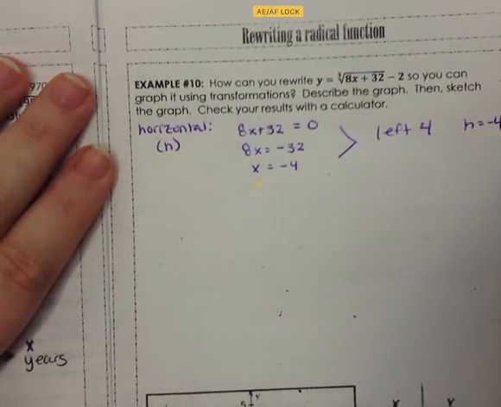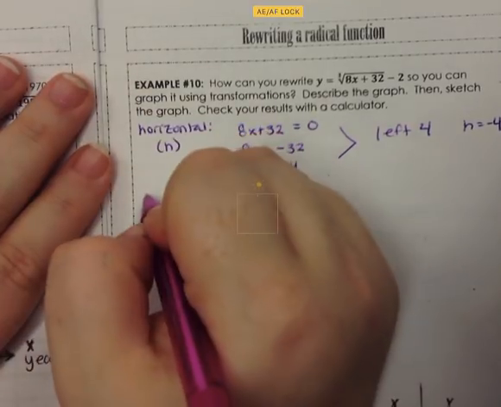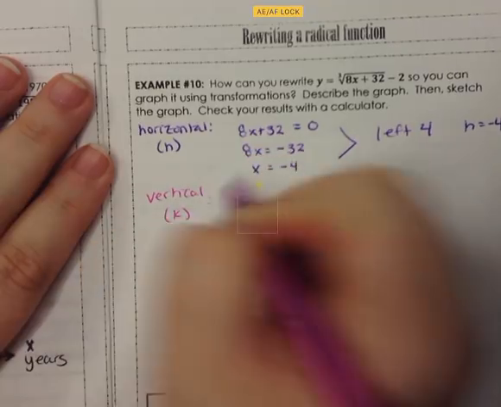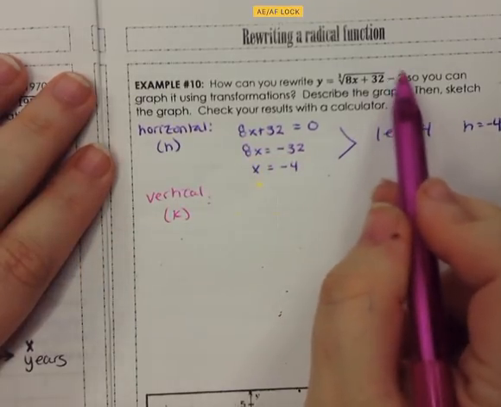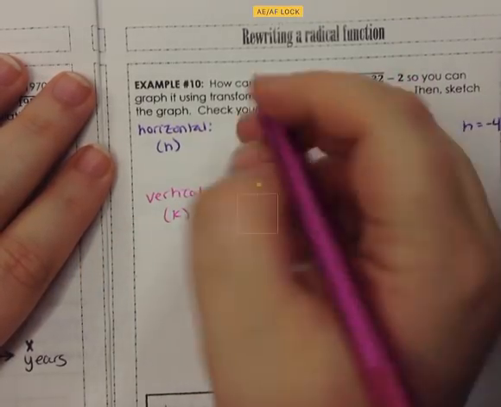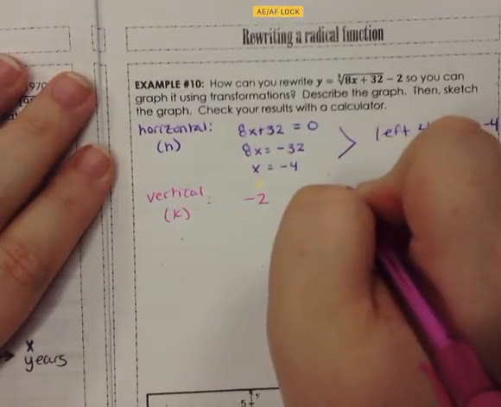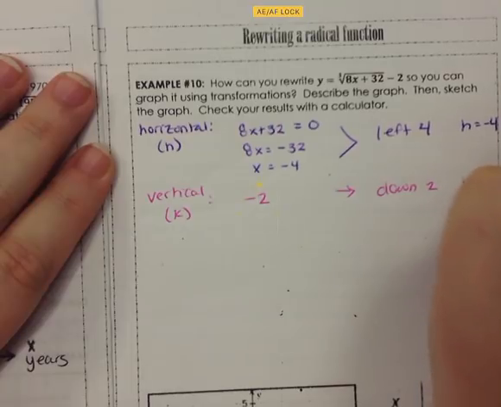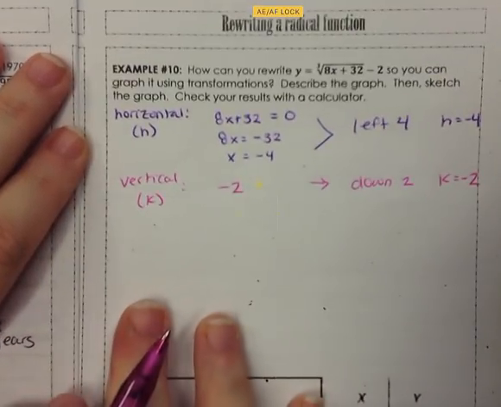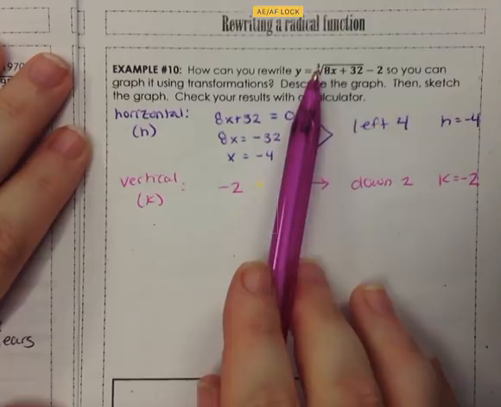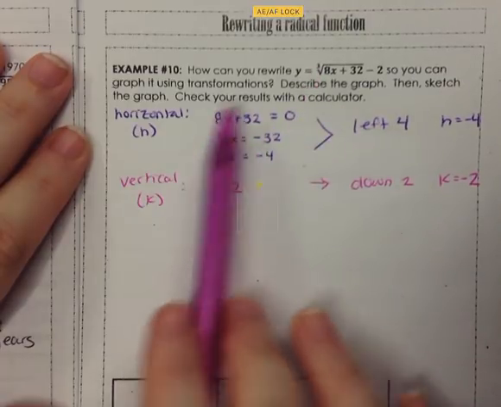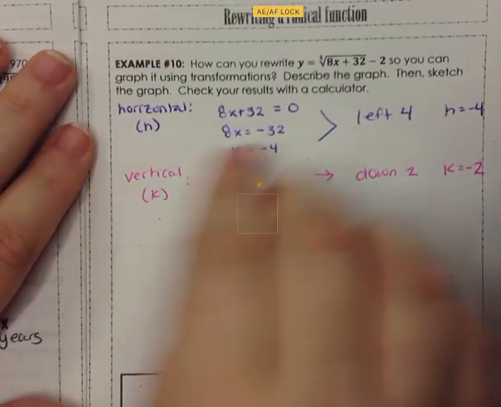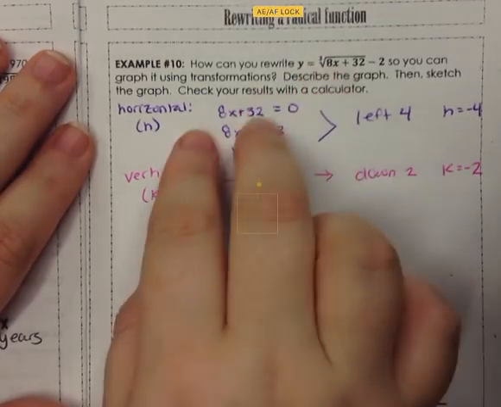Our k value, the vertical part, is always the outside of it, and it's still just minus 2. So what that means is that it's still just down 2. So our k equals negative 2. What we're really missing is our a value. Because we had to do something funky with our h, that means that there's probably something weird with our a value. And actually, you could have done this before you did this part.